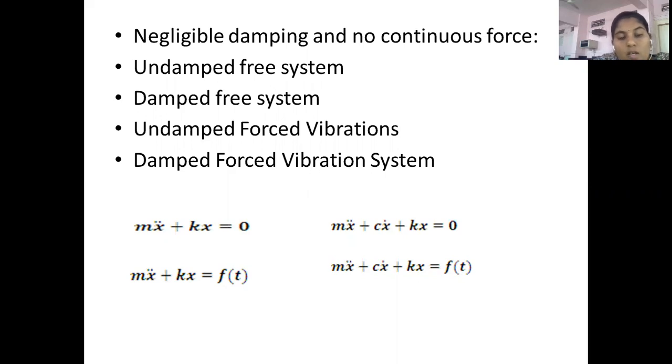Okay, so write down the equation number 1, which is in front of the undamped free system: mx double dot plus kx equal to 0.